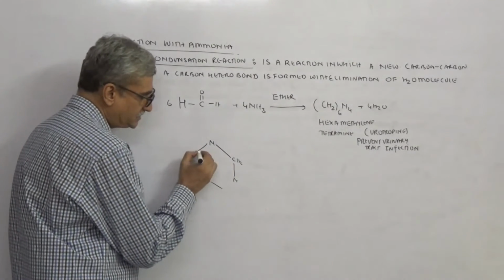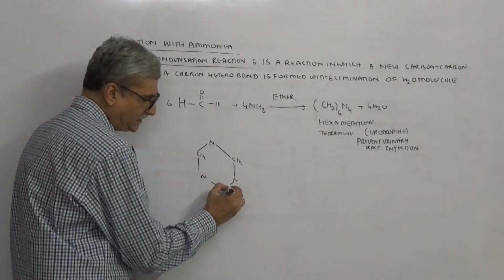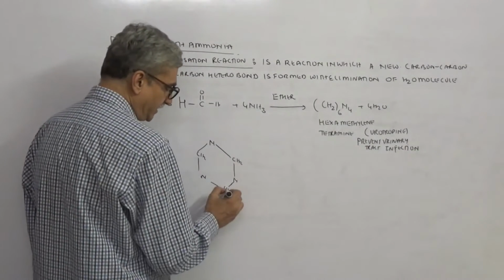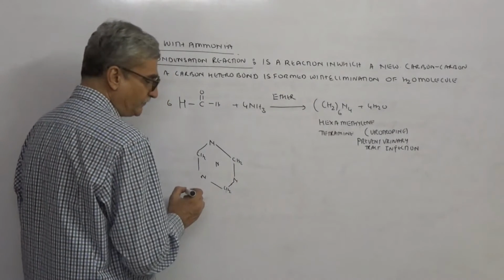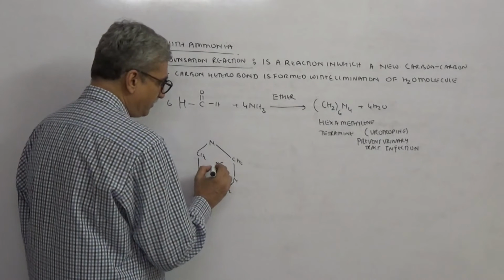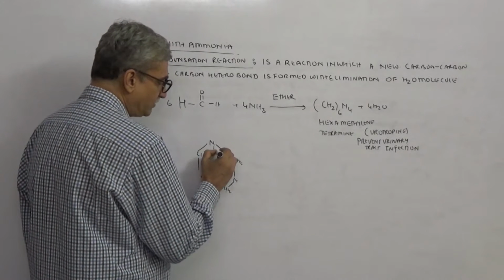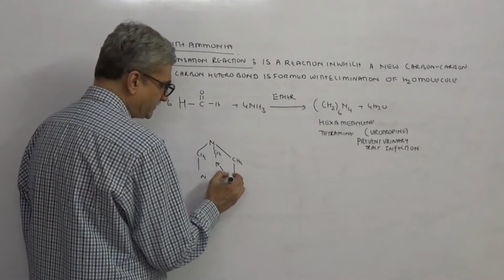Here we have N, and then we have CH2. Perfect. Now, in 1, 2, 3, and in the center we have N, so that makes four nitrogens. Then between these two nitrogens we have CH2, and between the other nitrogens we have CH2.